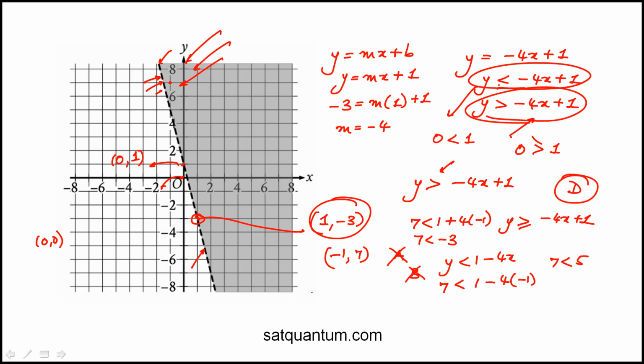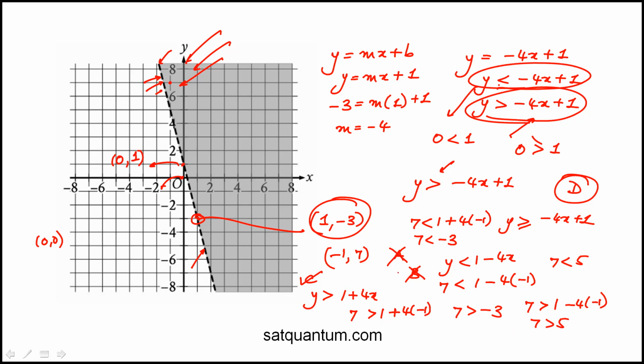And then C is y is greater than 1 plus 4x. 7 is greater than 1 plus 4 times -1, and that will be true, it's -3. So C works. And then D will, of course, work, which we have done the work for, but let's just do that for clarity. So 7 is greater than 5, which is true.